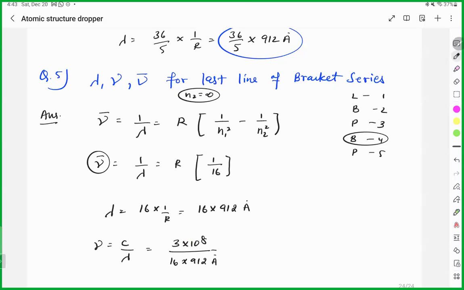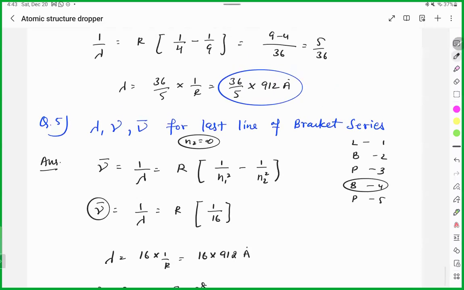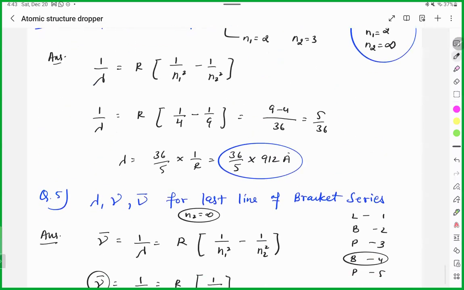But remember one thing. Most people write like this, and here you can make a mistake. Always write not R, but R Z square. People don't have the habit of writing Z, and that's what I always mention.